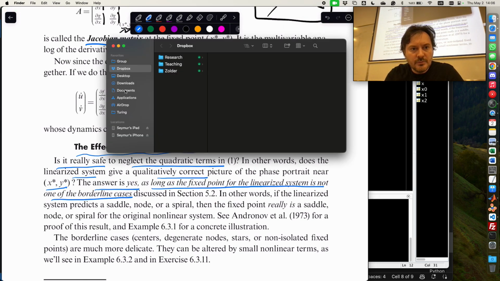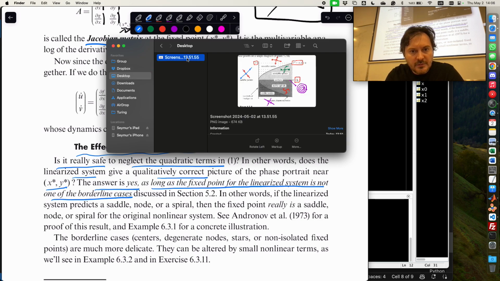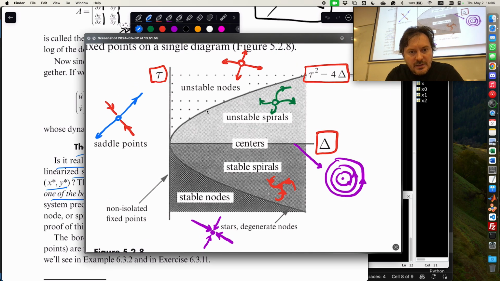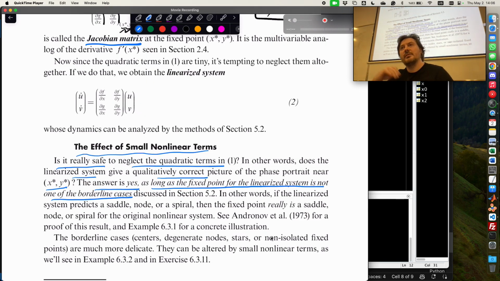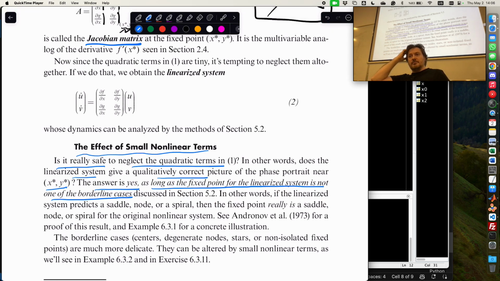If I go to desktop and this screenshot, you shouldn't be over here or over here or over here. I mean, if you are here, here, here, here, here, then linearization works. Okay? You cannot linearize on borderline. You need to include the higher order terms then. So at that point it's not negligible? Yes.